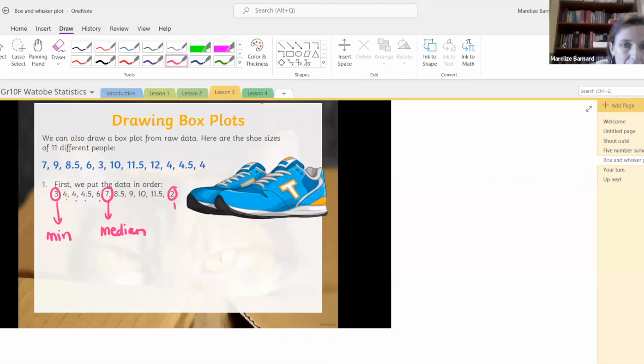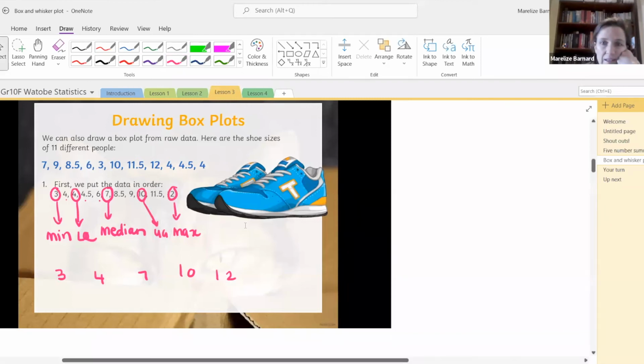Our max is 12. Our lower quartile is 4. And our upper quartile is 10. So 3, 4, 7, 10, and 12.